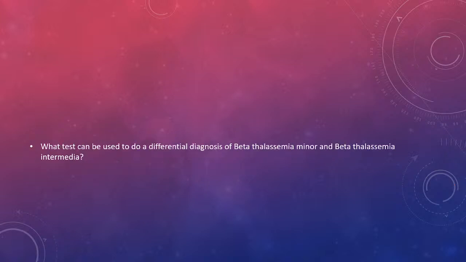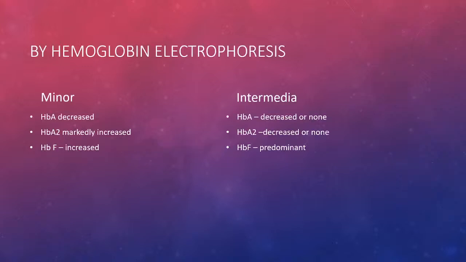All right. Okay, so what test can be used as a differential diagnosis for beta thalassemia minor and beta thalassemia major? We're going to use hemoglobin electrophoresis. As I mentioned before, that's the only way to be able to differentiate between them. Why? Because for minor, there will be just a decrease of HbA because you still have one gene that's producing hemoglobin A. Then you have a marked increase of either both A2 and F, okay?